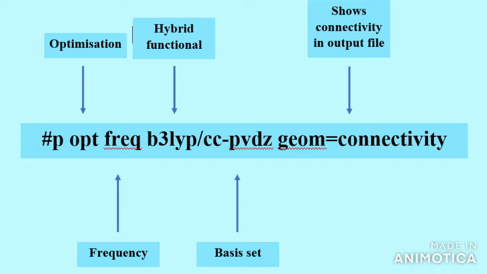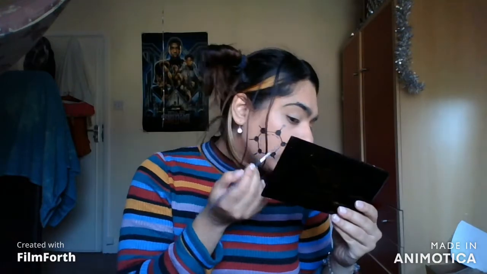So this is an example of one of the calculations, and you don't really need to know what each of these things means yet, but I can explain opt and freq, and basically it just means that when you get your files back, the structure that you get back will be its optimum structure of the molecule, so the most stable structure.